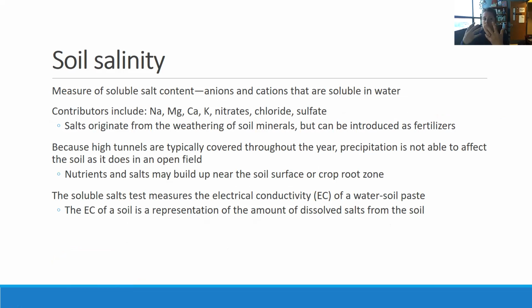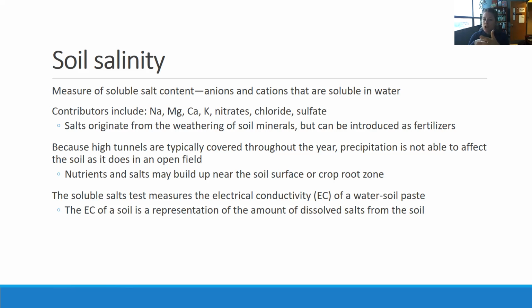Those are all contributors and can make salts or are salts. But also salts originate from the weathering of soil minerals. So some of that may already be naturally in your soil, but then you can increase that by bringing in fertilizer, right? So calcium nitrate, nitrates, right?